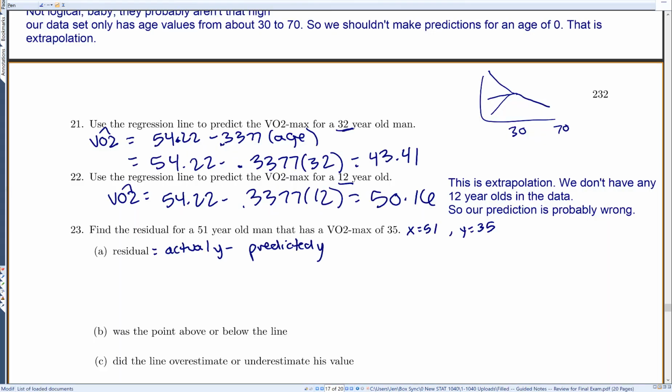Okay. So I need to find my predicted Y. So for my predicted Y, I need to do my VO2, and I need to do the same thing we were doing up here. I need to do 54.22 minus 0.3377 times 51. So we get 42.4.